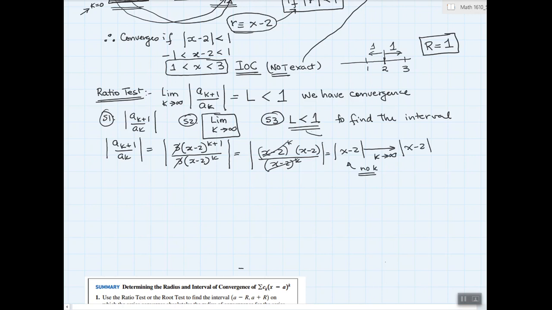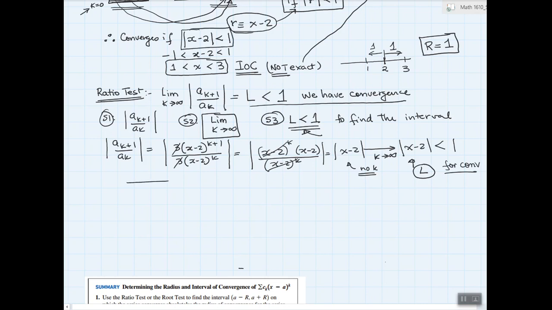This is my L. I'm supposed to set L less than 1 because that is when you have convergence. So this must be less than 1 for convergence. So we are back to exactly the same result as we had here.